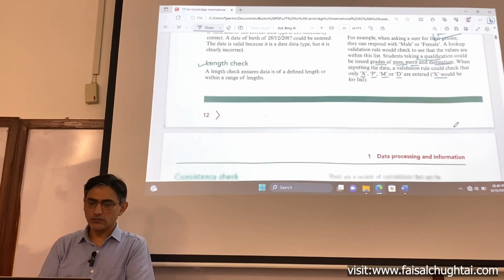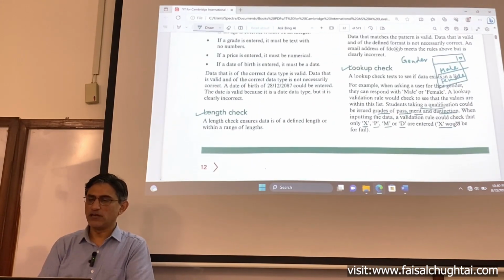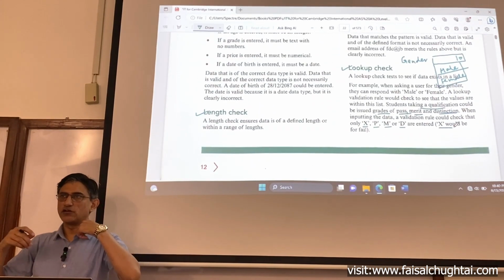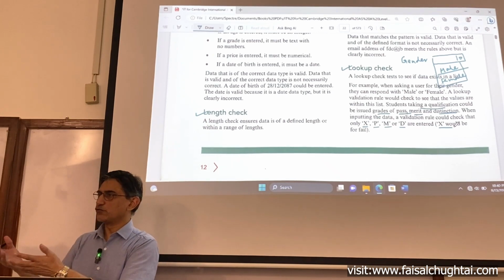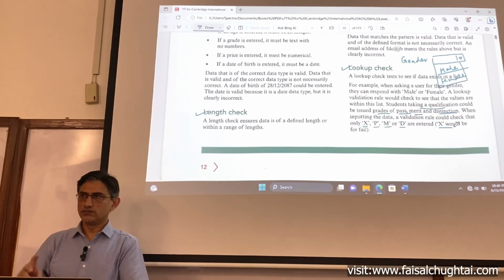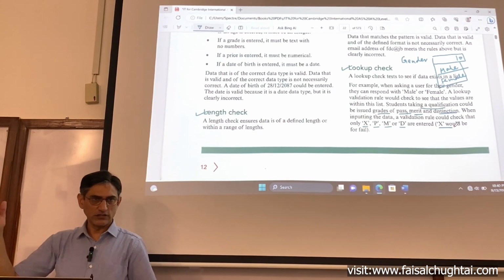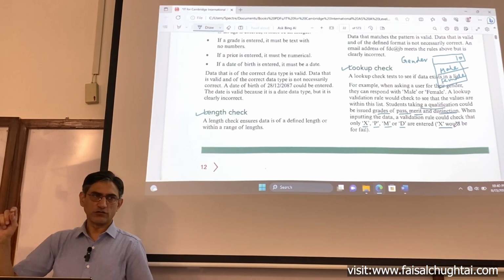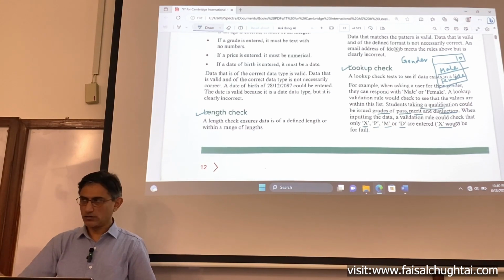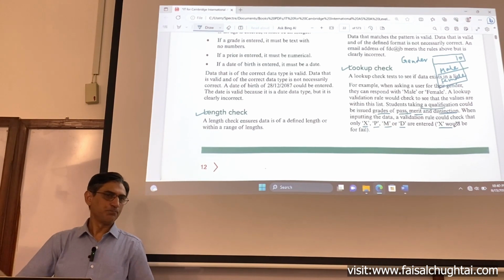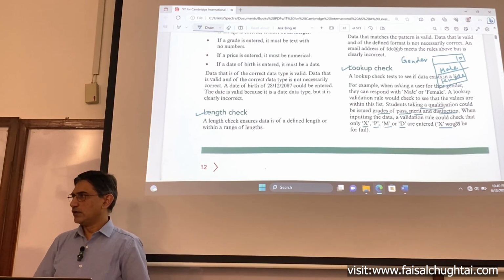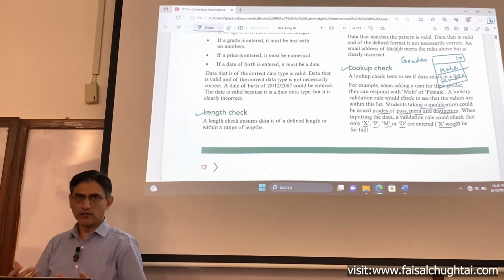One last option that comes to my mind, that you might have come across many times, is when you have to select your country or your city. There's a drop down menu given, you just click on it and a list of countries or cities is shown. You just pick the right one from the lookup values, and there you go. That's how you can input your data.